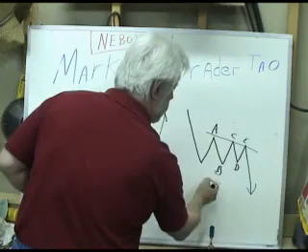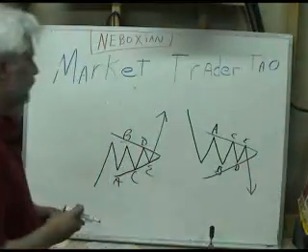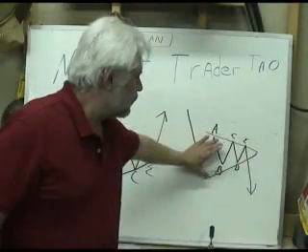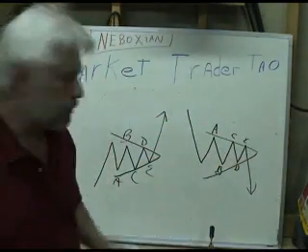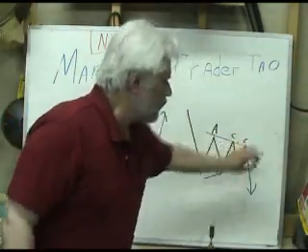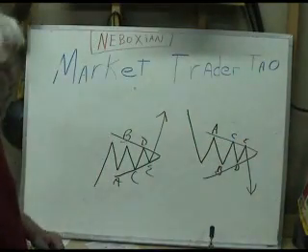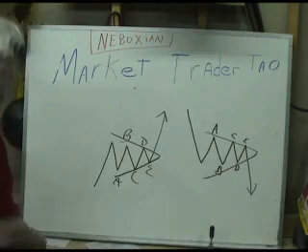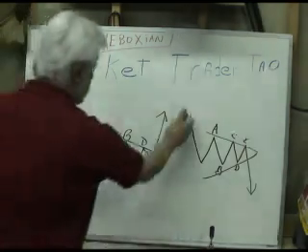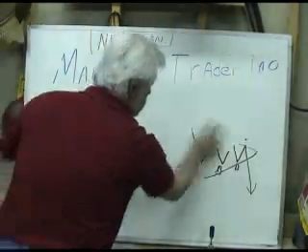Now, these are symmetrical in the fact that both the top and the bottom, your resistance and your support lines, are coming to an apex, and so that is basically what you can expect to see on a symmetrical triangle.